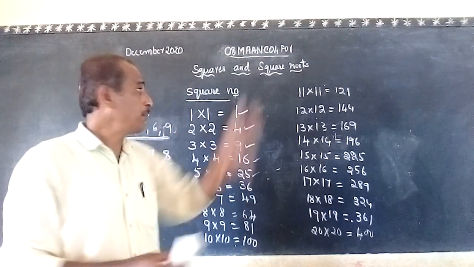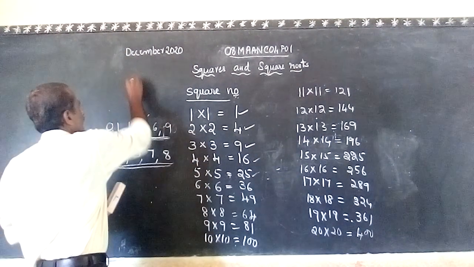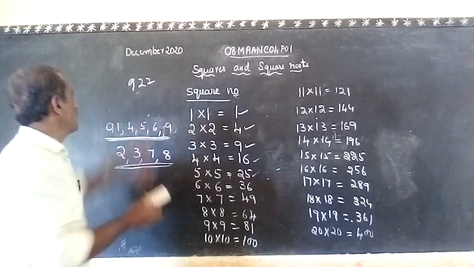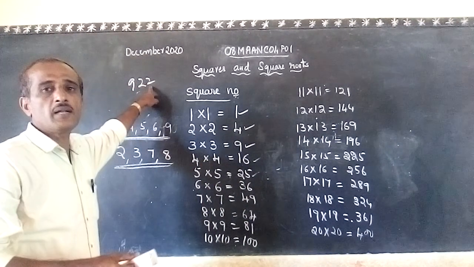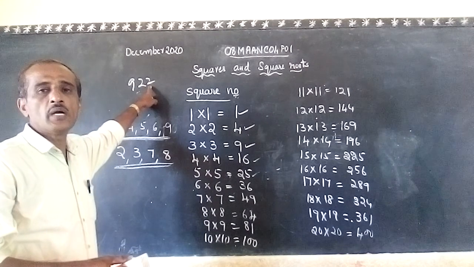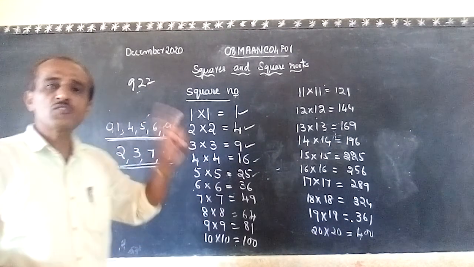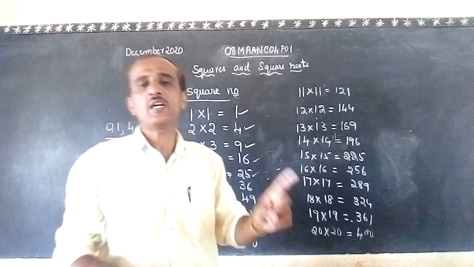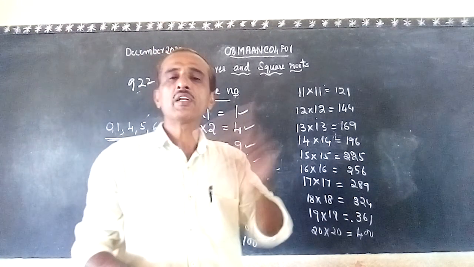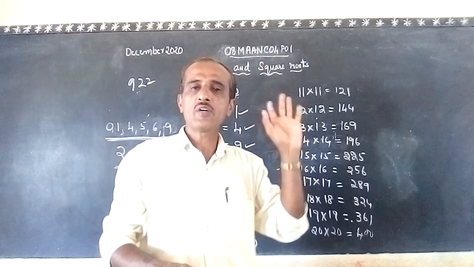For example, can we say 922 is a perfect square? It is impossible, because 922 ends with 2. If a number ends with 2, 3, 7 or 8, then it is not a perfect square.